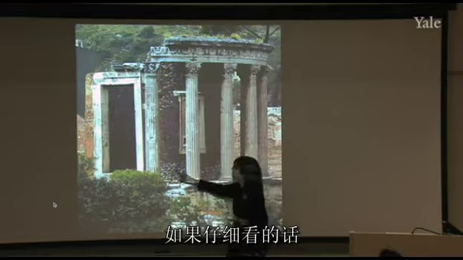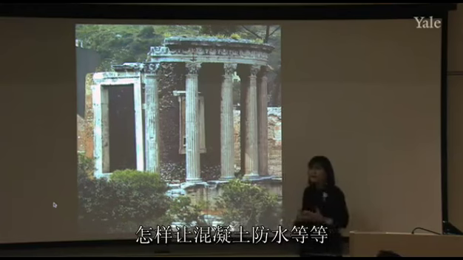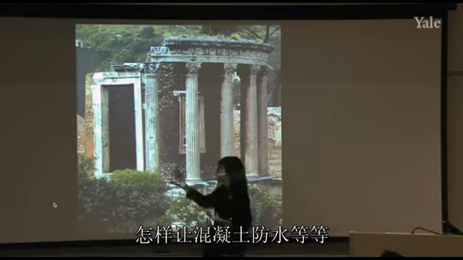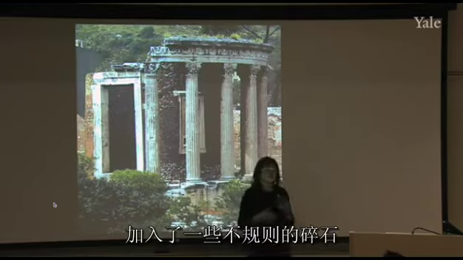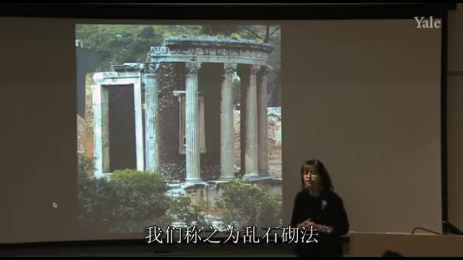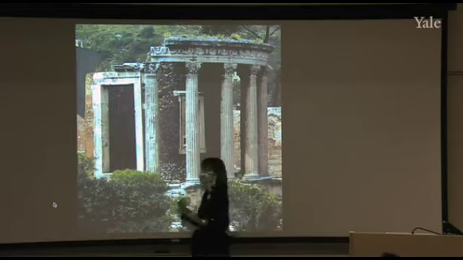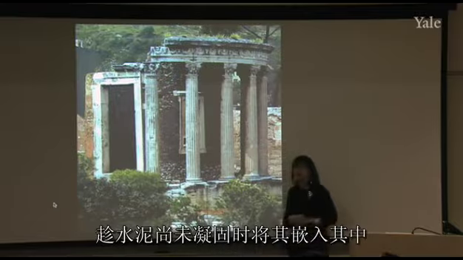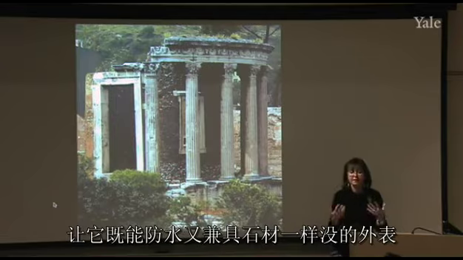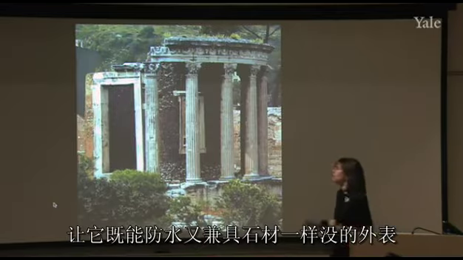And we also see, if you look very carefully, and we'll talk much more about this next week, that in order to make concrete impermeable to water, you have to face it with something, and they faced it with very small stones of irregular shape, which we call uncertain work, or opus incertum, O-P-U-S, new word, I-N-C-E-R-T-U-M, which is put into the concrete while it is still wet to give it the ability to withstand water, but also to give it an attractive stone-like appearance.